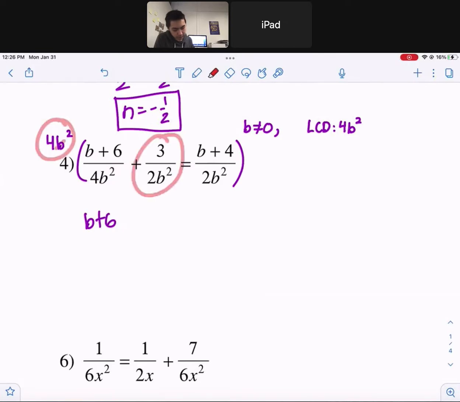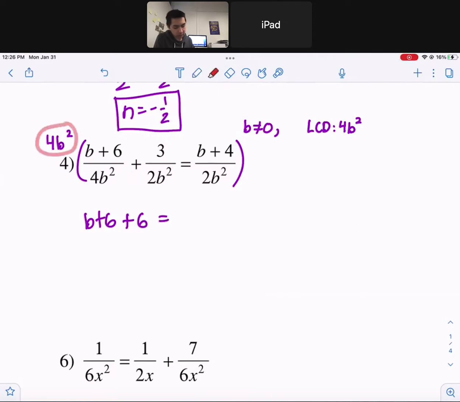Now pay close attention. The b to the seconds cancel, right? And the 2 also cancels with the 4, and there'll just be a 2 remaining there, right? So what is 2 times 3? That would be 6. So for that one, we'll have a plus 6.